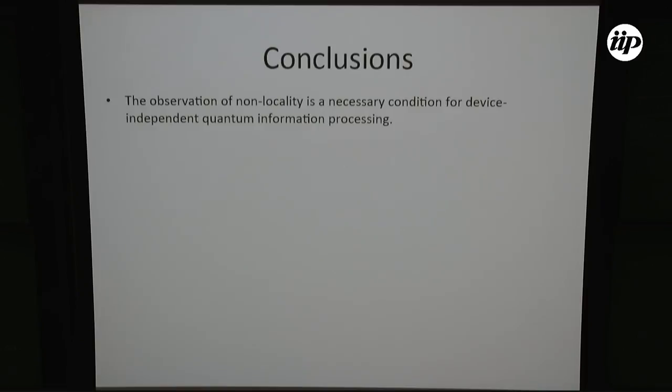Okay, with this, I'm arriving at the conclusions because it was long. So let me just summarize. I started telling you about an information theory with black boxes. The reason is that in many situations, like cryptographic applications, you go to the provider. You don't want to trust the provider because the provider can cheat you, or maybe it doesn't cheat you, but just makes mistakes that are not under its control.